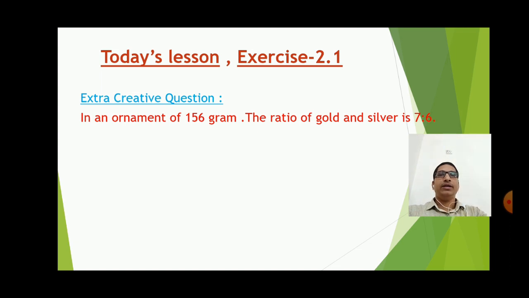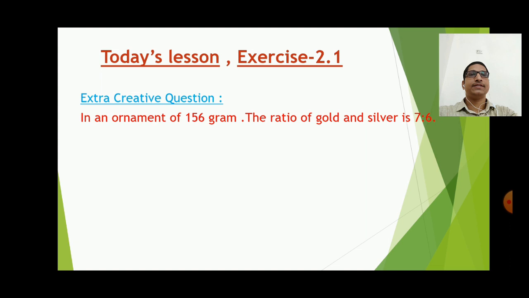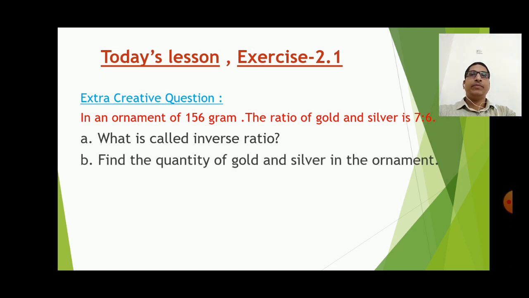In an ornament of 156 gram, the ratio of gold and silver is 7:6. First question. What is called inverse ratio? Question B. Find the quantity of gold and silver in the ornament.